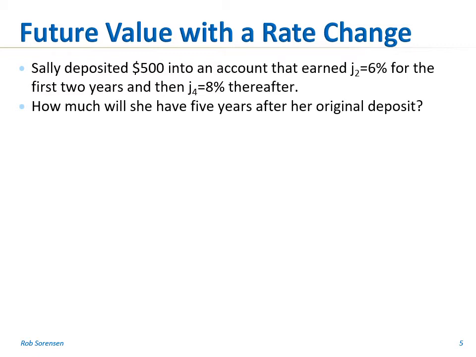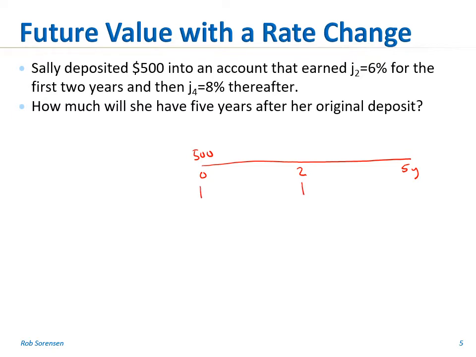So for this one, she deposited $500 at the beginning, and for the first 2 years we had one rate, and then we want the answer at the 5-year mark, so I'll go ahead and put 5 on the end of my timeline there. Now, to do this one, we're going to break it into two parts.